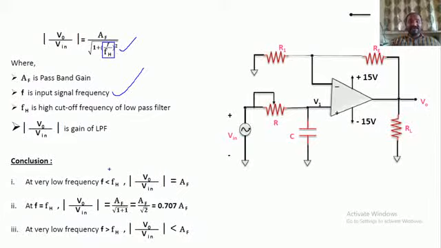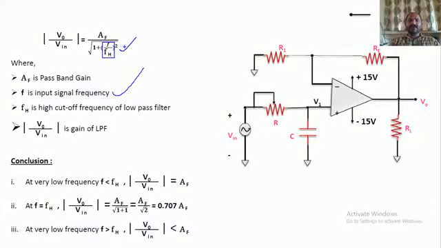Again I am repeating: if the input signal frequency is less than the cutoff frequency, that is f is less than fh, then in this ratio the greater value is in the denominator, so the ratio gives a fractional value. Squaring it gives a very small value.